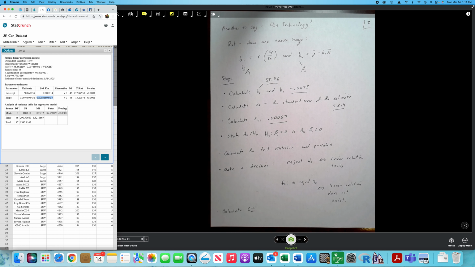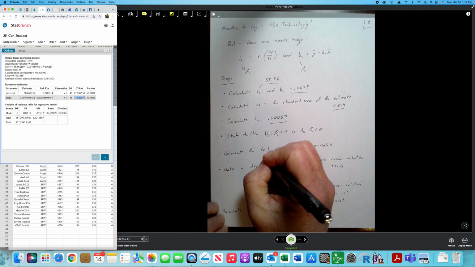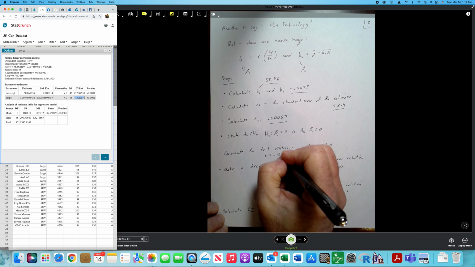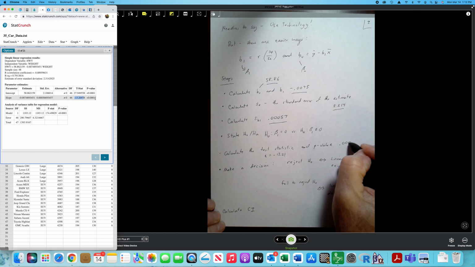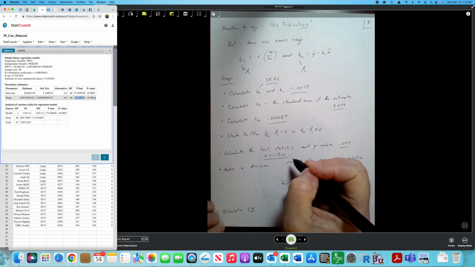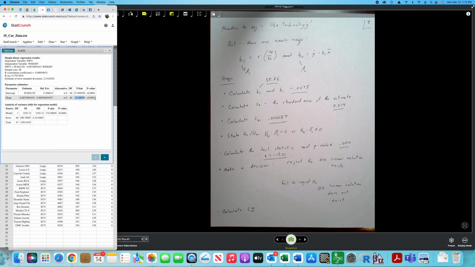Calculate the test statistic and the p-value. Again, we have tunnel vision on our slope. We don't really care as much about the intercept because it's not that interesting. So the test statistic for the slope would be negative 13.21. And the corresponding p-value, to 3 places, which is probably what you would round to on MyStatLab, would be 0.00.